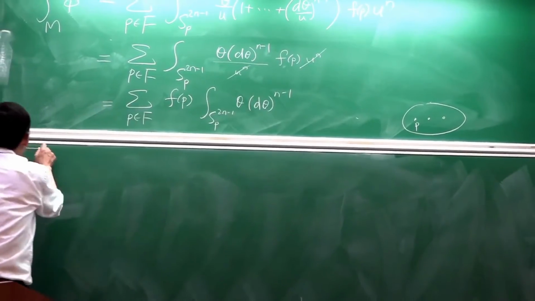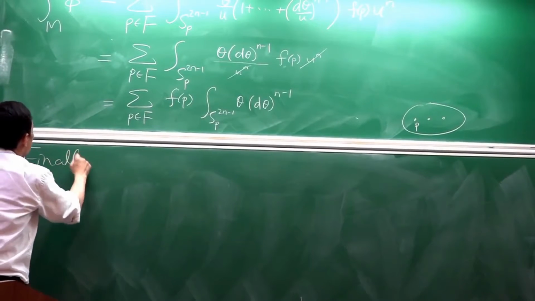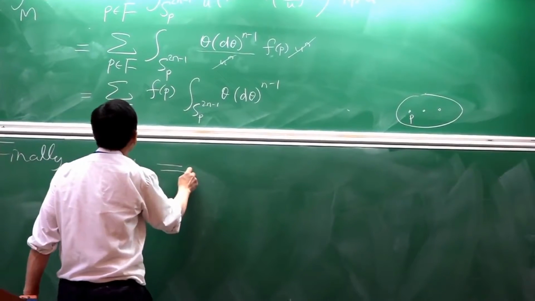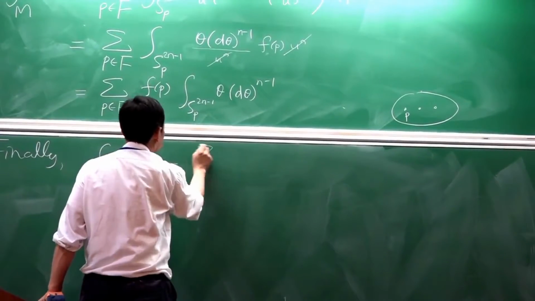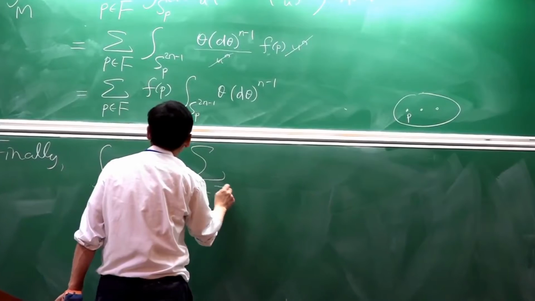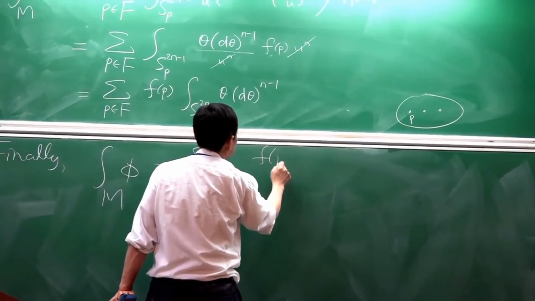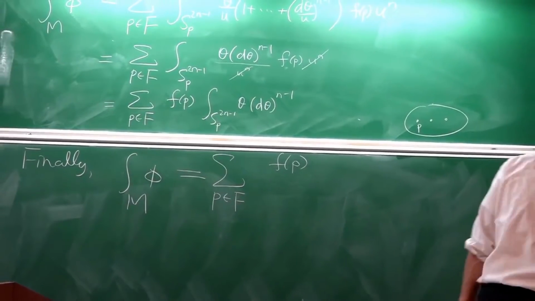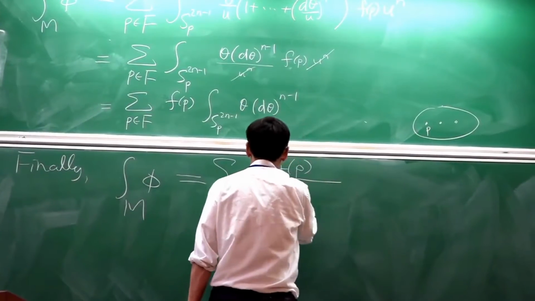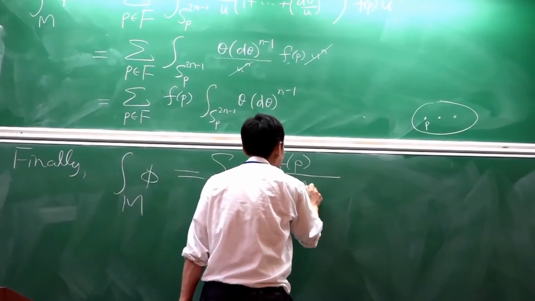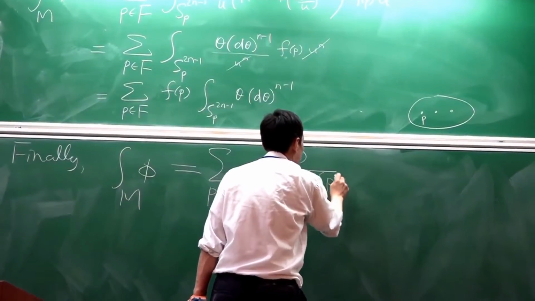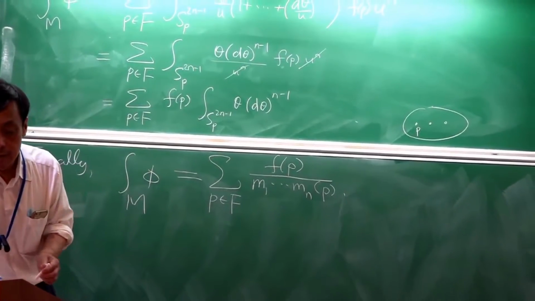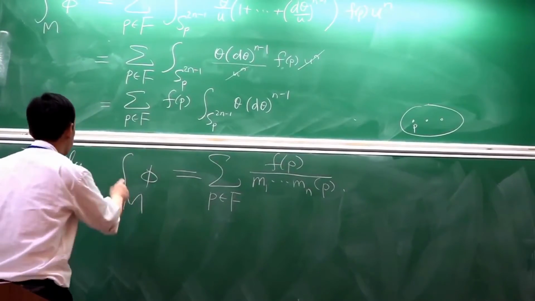So finally, this is equal to the sum over the fixed points of f(p) over the product of the exponents of p. Okay. And that is the localization formula.